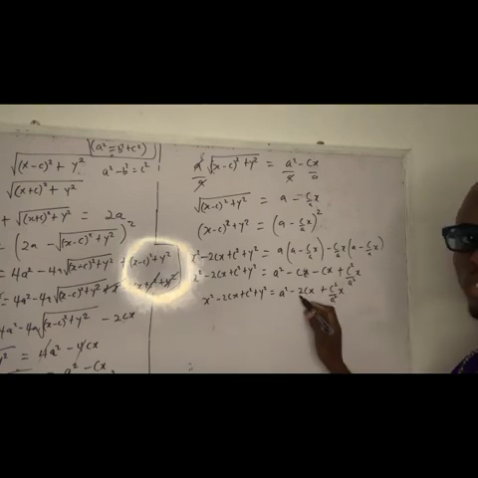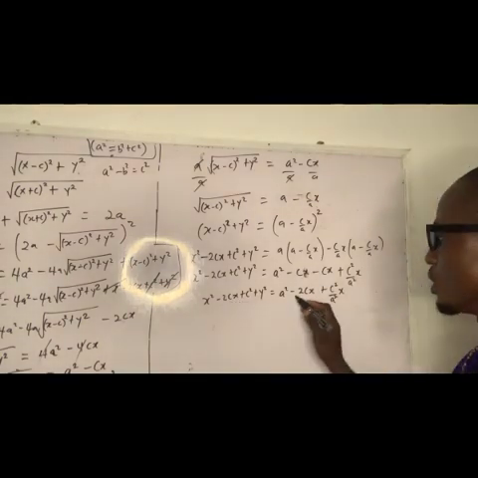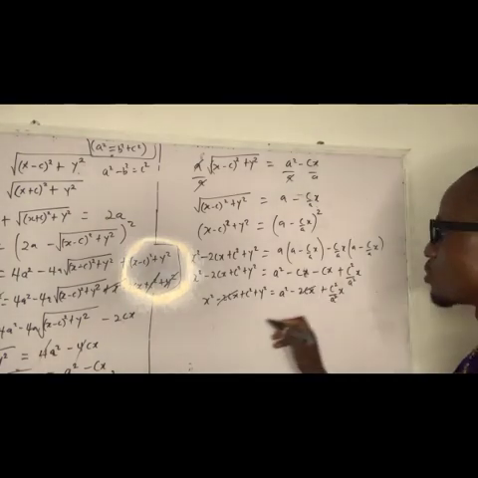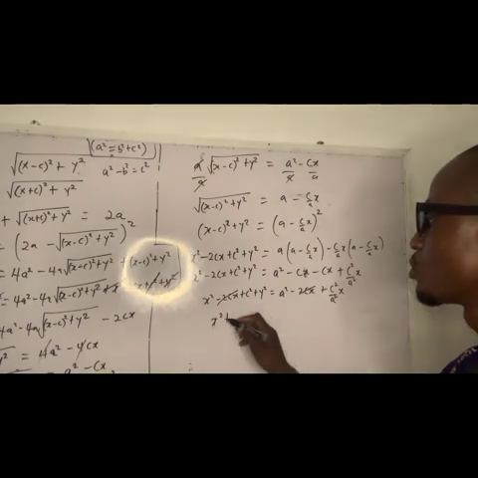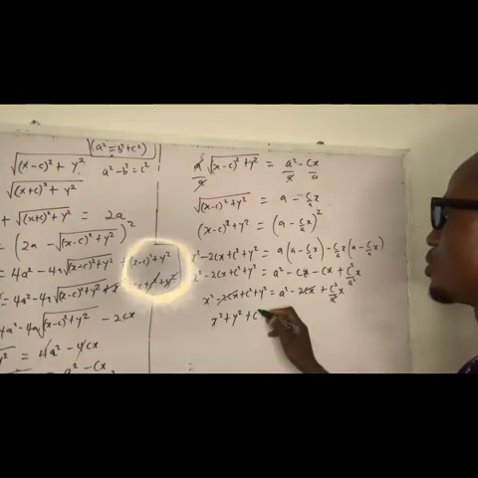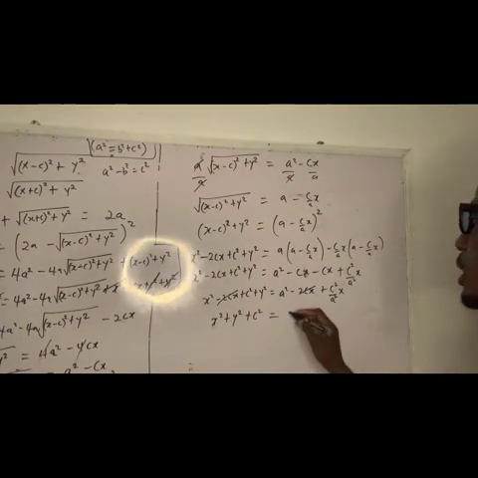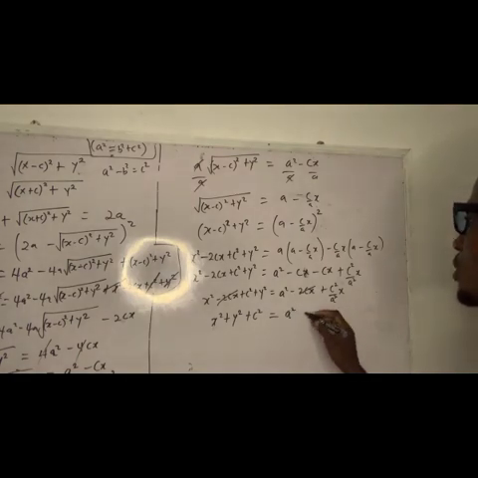So this is negative here and this is negative here, so they cancel out. So you have x squared plus y squared plus c squared all equals a squared plus c squared over a squared x squared.